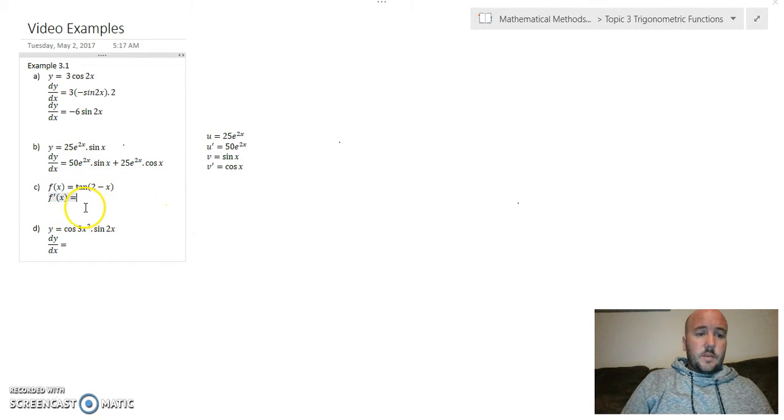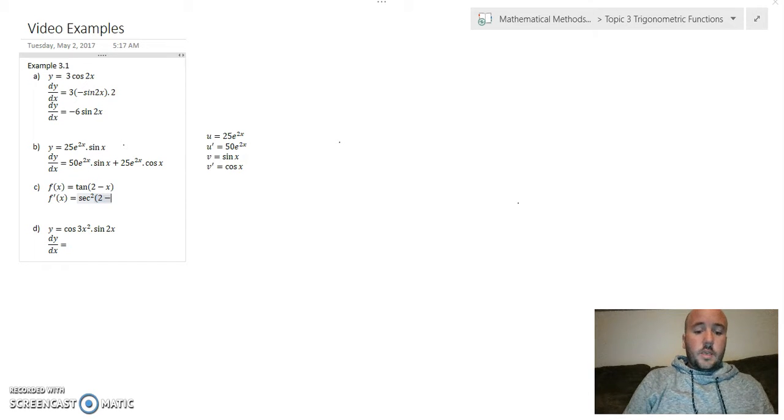For example C, we've got the derivative of a tan function, so in the notes there were two alternatives there. We could leave it as 1 over cosine squared, or I find simplifying as just sec squared is a little bit easier. Because we've got tangent of a function, we must make use of the chain rule.